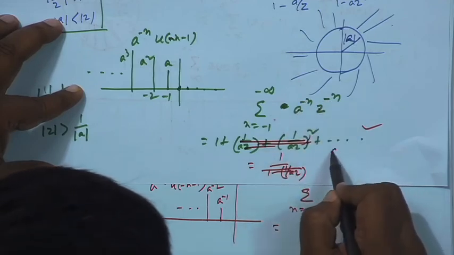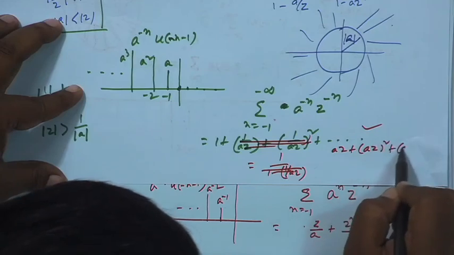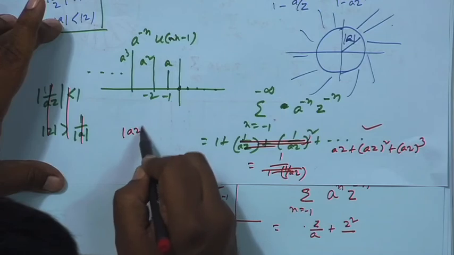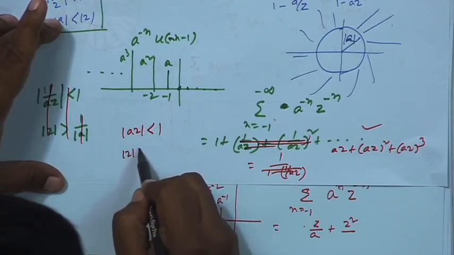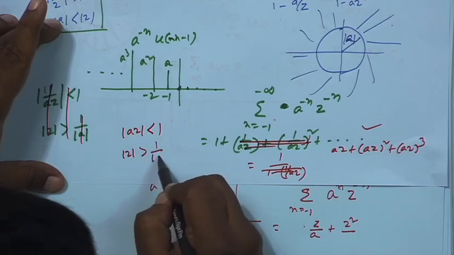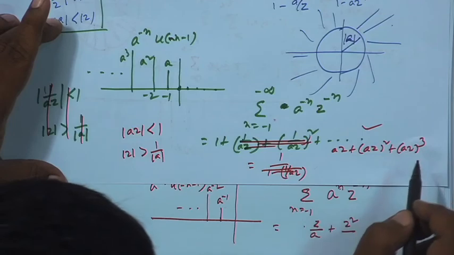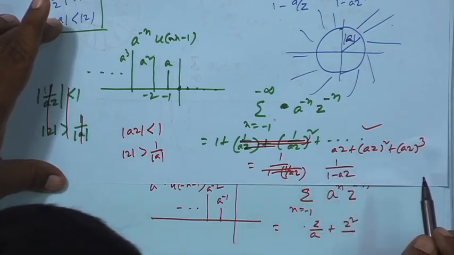So, it will be 1 plus a z, then a z square, a z cube and so on. So, mod a z should be less than 1, which means mod z should be greater than 1 by mod a. Okay, mod a z should be less than 1, then only it converges, and this will be 1 by 1 minus this one.